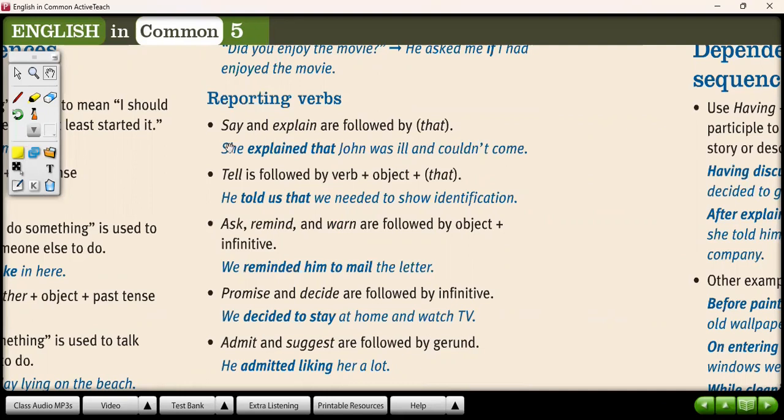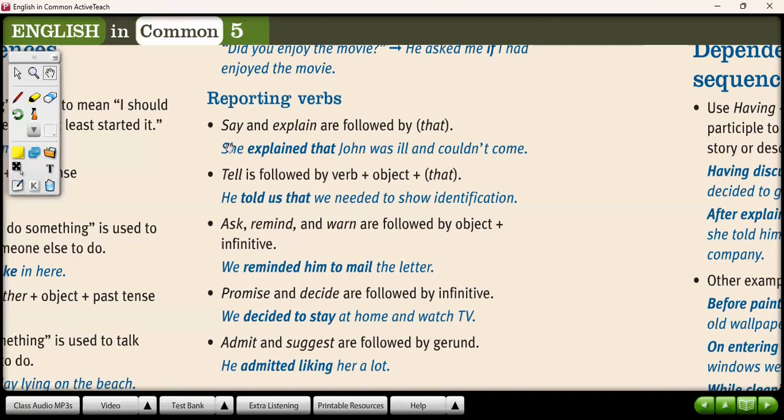When reporting what this person told you during the interview, you're not going to use say, because the words were directed exactly to you. So we're going to use tell when reporting.